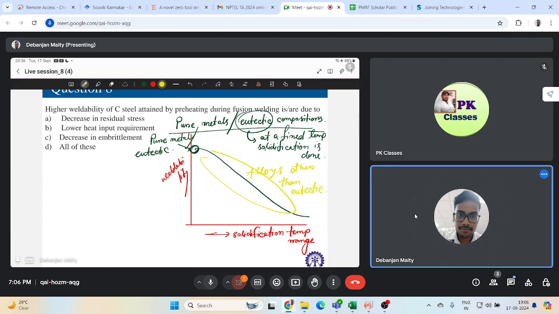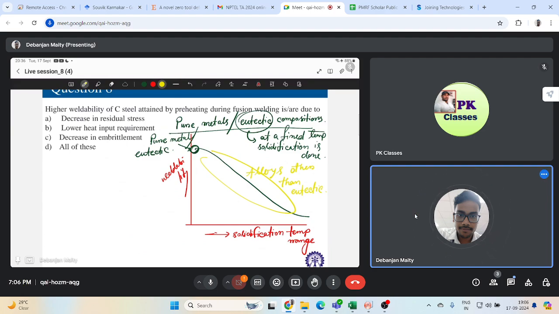Question. Okay. So we have talked about melting point, and then we have talked about this solidification temperature.